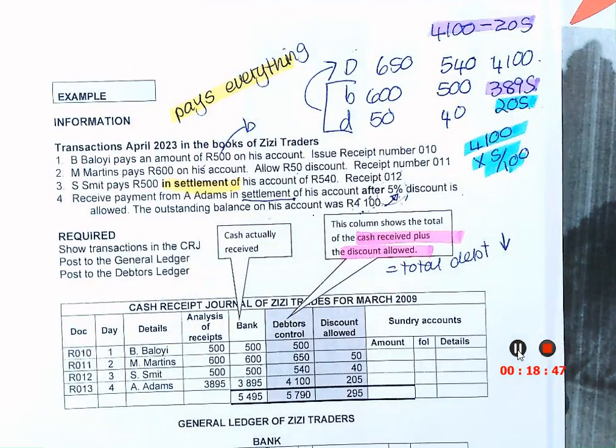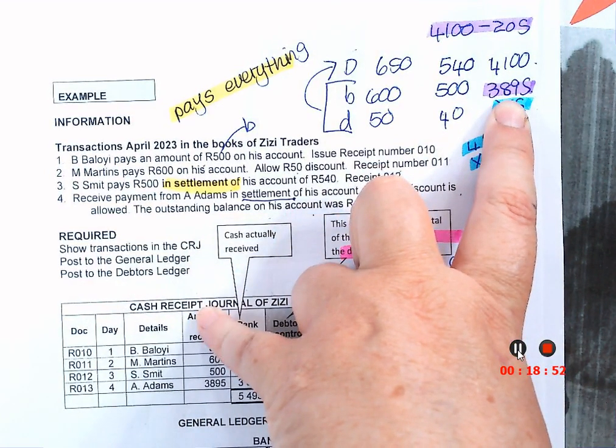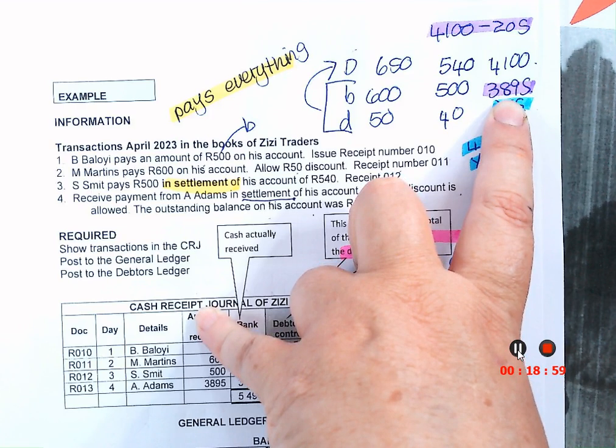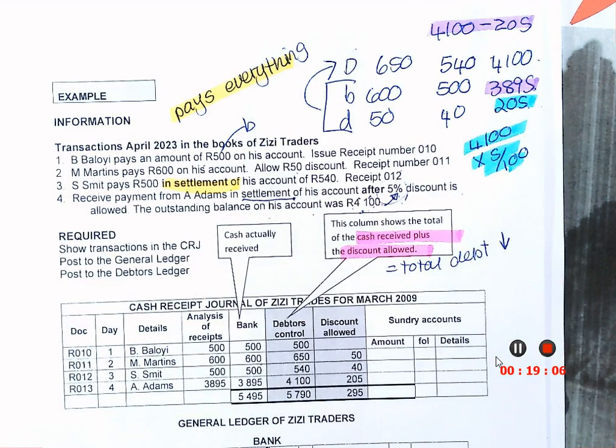What's another way to get the 3895? Don't minus, no minus. What will be an alternative method to get the 3895? You're almost there. Let's quickly think.